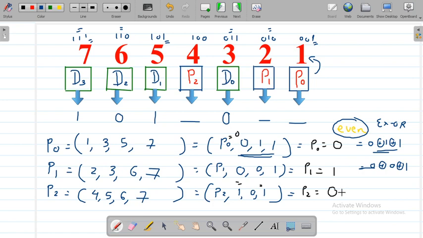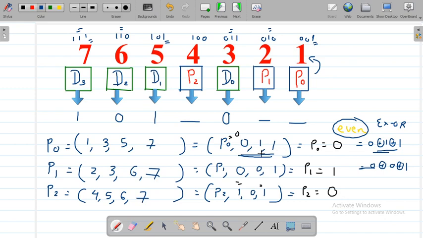If the question is asked for odd parity, you can consider it the opposite way: this will get inverted. It is an easy method. Even if you are doing it for odd parity, the steps are the same; we have to check for the odd condition for P0, P1, P2.